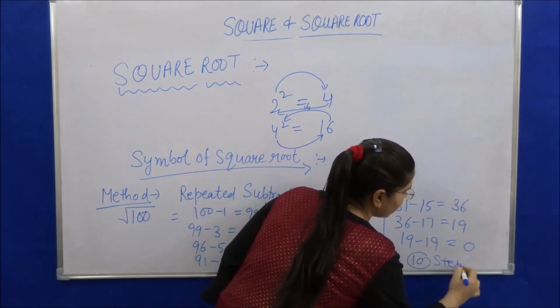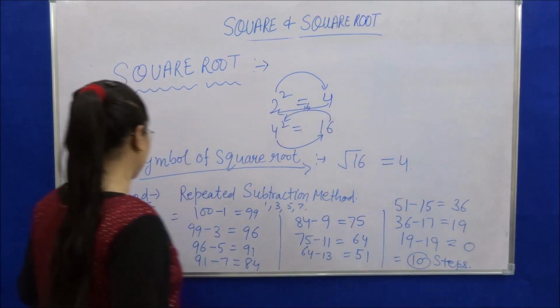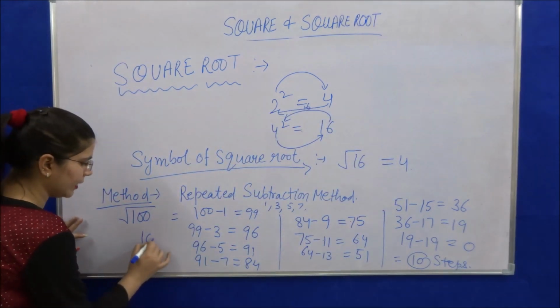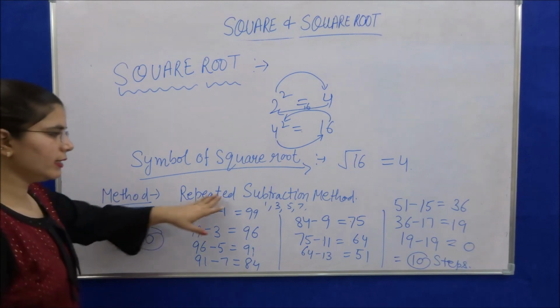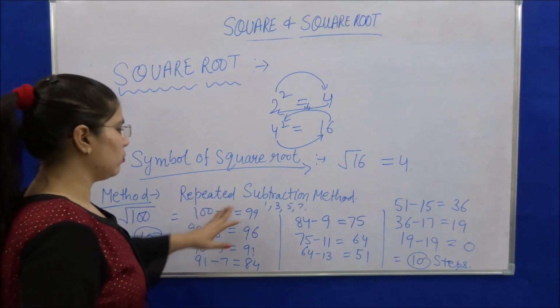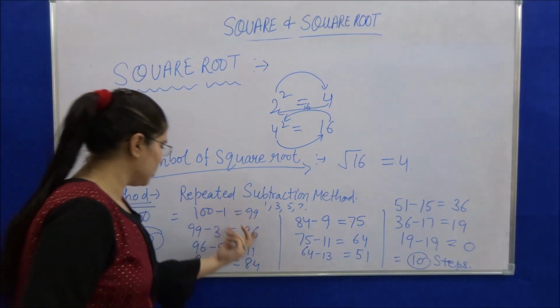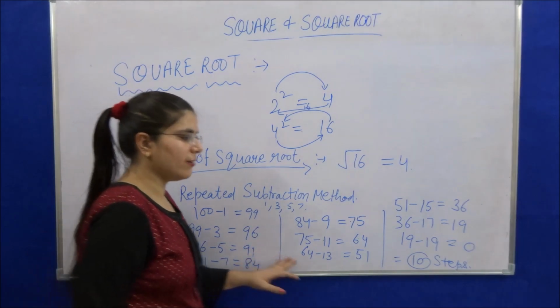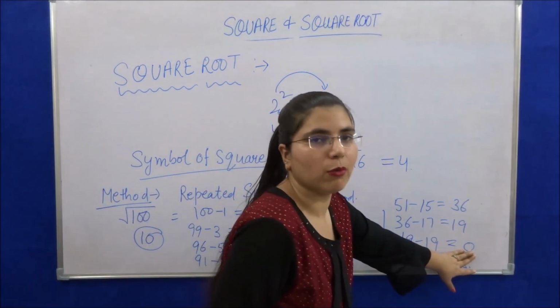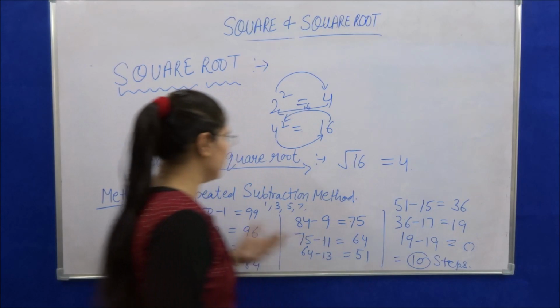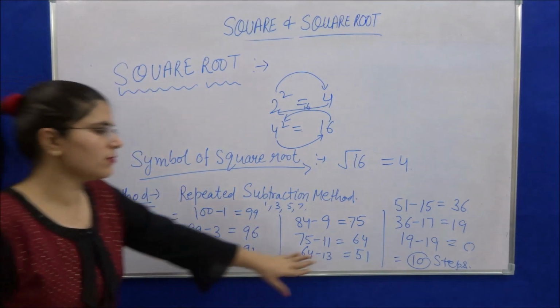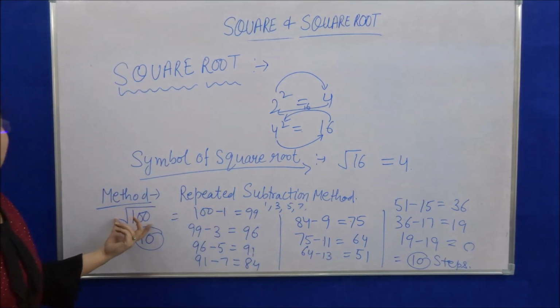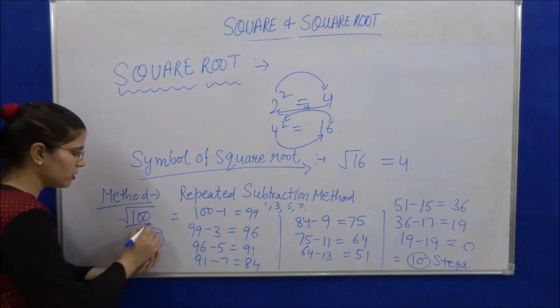So under root of 100 will be equal to 10, because here we are just calculating the number of steps by which we get the end point 0, and the number of steps will be the under root of our given number.